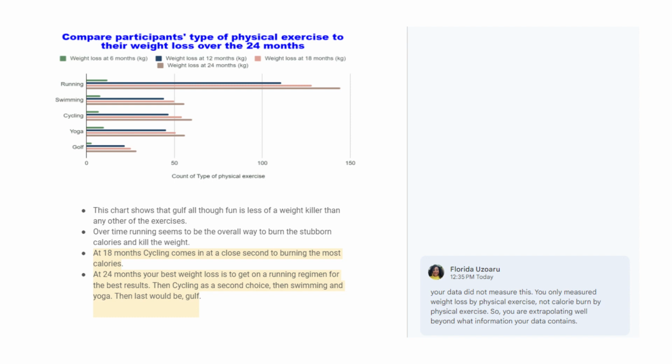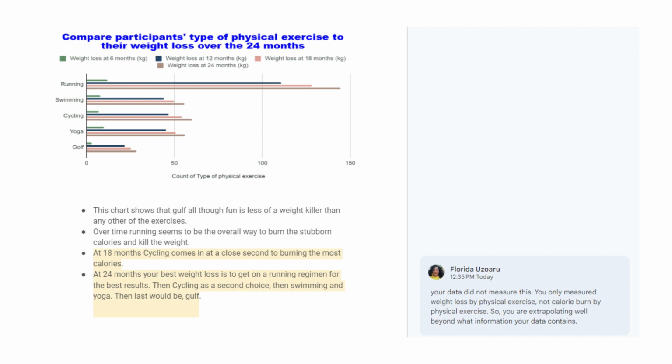So you want to, as much as possible, just stick to saying what the data is saying. It's saying that those who lost the most weight did it at running, and this was at 24 months. They lost more weight than at 6 months. That's as much as that.